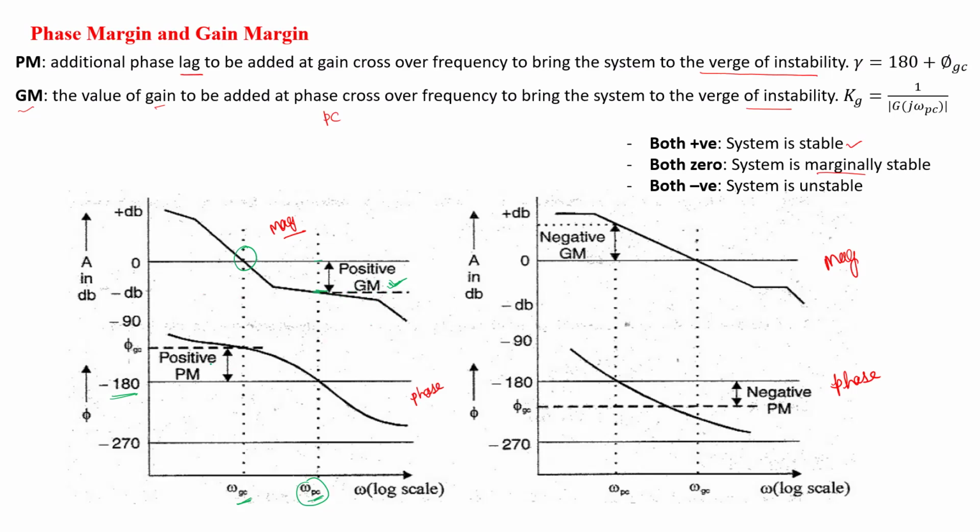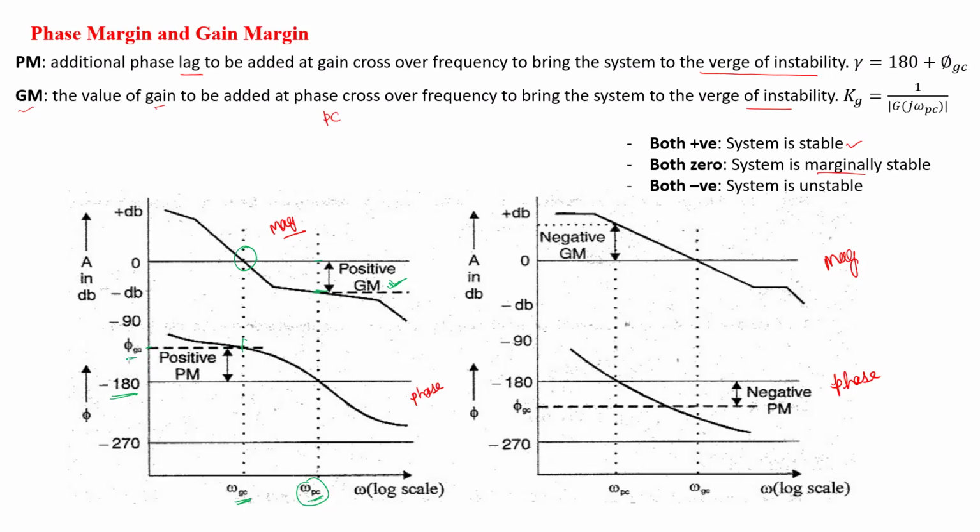In the case of phase margin, it is concerned with the gain crossover frequency, just the opposite. Again, where the corresponding line cuts the phase plot, that point is obtained on the degree line.